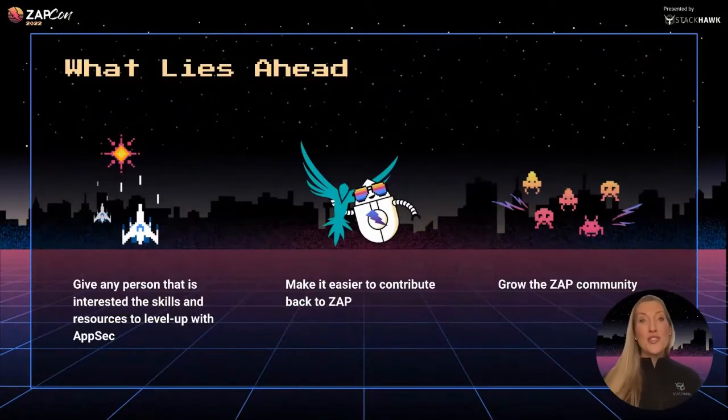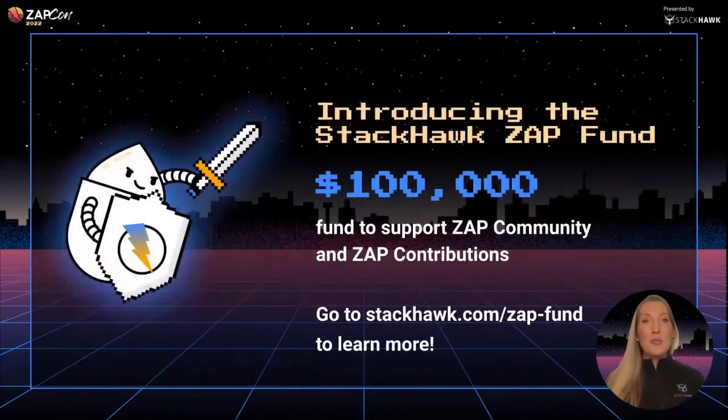Some of the goals for this ZAPCon and for the broader community beyond today are to give you the tools and resources you need to level up AppSec with Zap, to make it easier to contribute back to Zap, and at the end of the day, to continue growing this awesome community. To help support those initiatives, I am very excited to announce that StackHawk has created a $100,000 fund to help support the Zap community and Zap contributions.